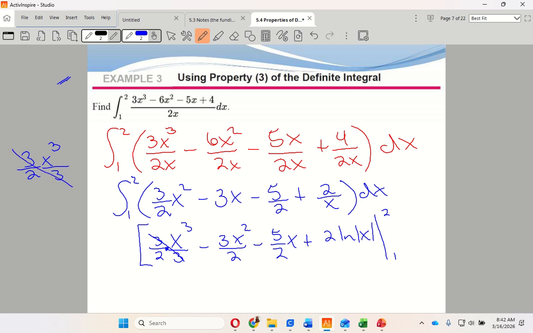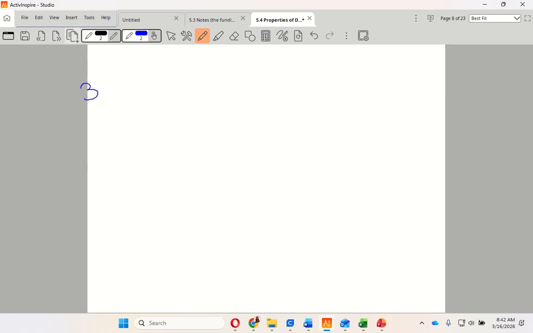I would just cancel out those 3's, or I can go 3 over 2x cubed divided by 3 over 1. Is it fraction over fraction? What do we do if it's fraction over fraction? You turn it into 3 over 2x cubed times the reciprocal, and then that would still cancel.